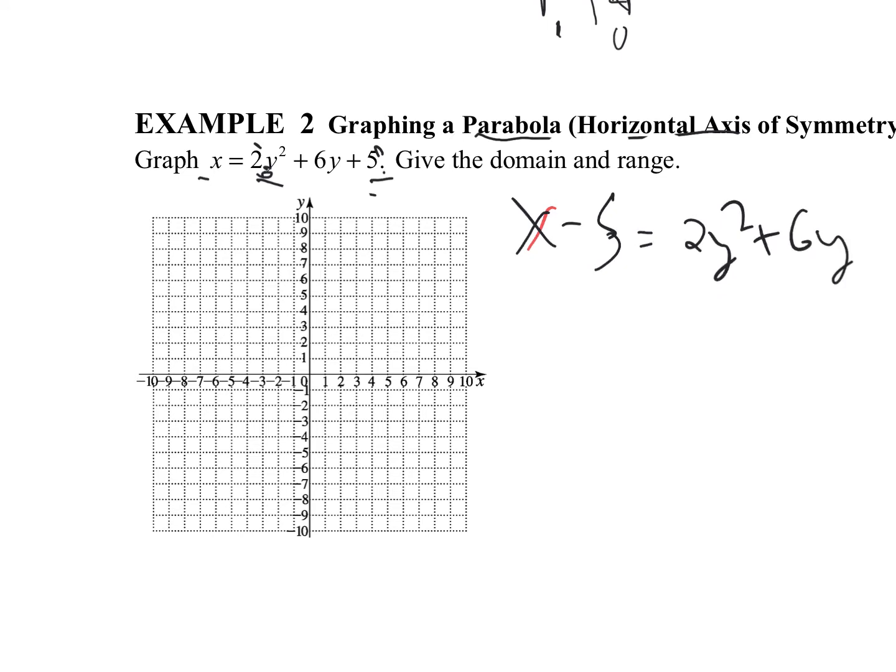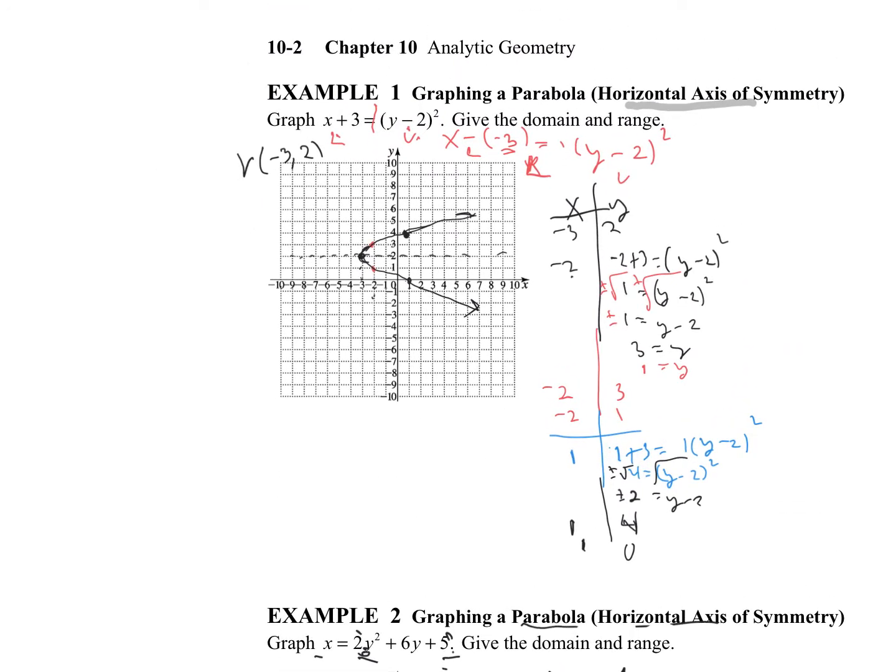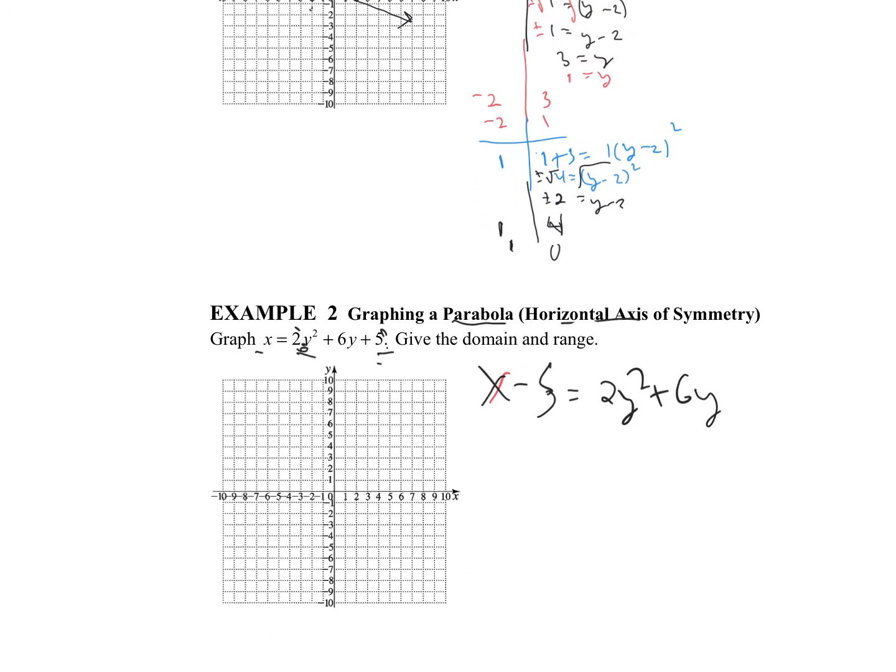Now, the reason I'm doing this, if you remember the first problem we did up here, it was an x plus or minus a number. I did the same thing. So what would I do to finish this up? x minus 5, factor out a common term. In this problem, the common term is a 2. So I have a feeling that's going to be my a number. Now I'm left with y squared plus 3y.